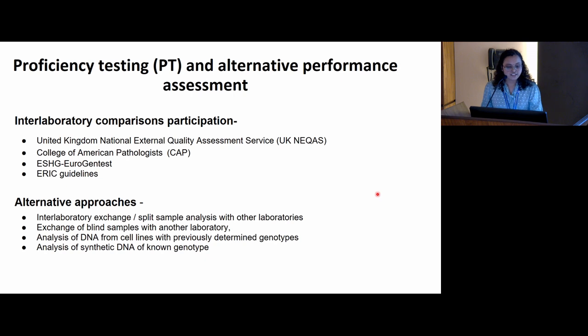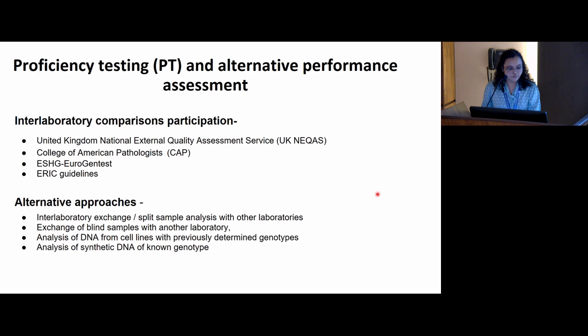There are some important interlaboratory comparison EQA programs, which include the UK National External Quality Assessment Service, College of American Pathologists, that is CAP, the European Society of Human Genetics EuroGenTest program, and the ERIC guidelines. For some analytes, UK services are not available or not feasible.